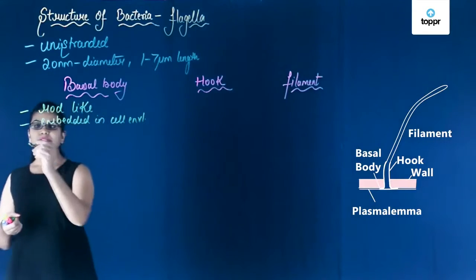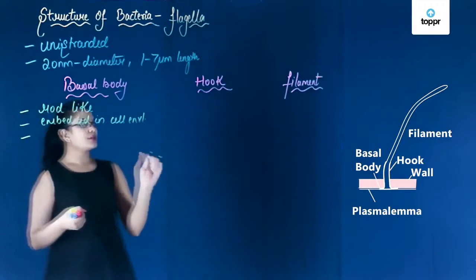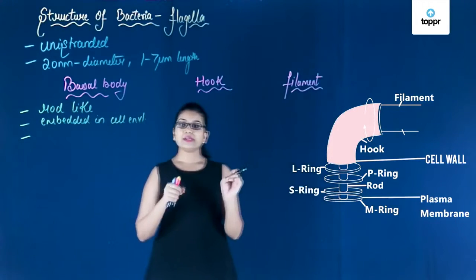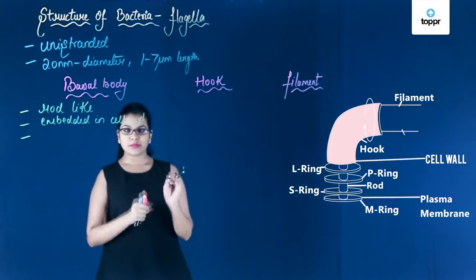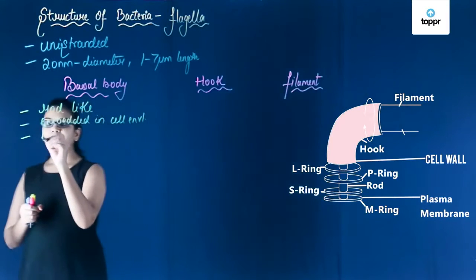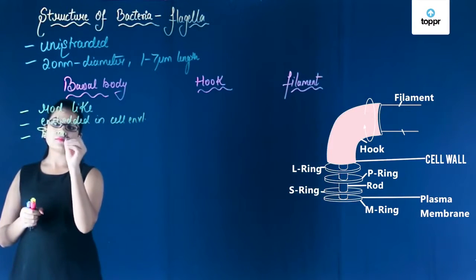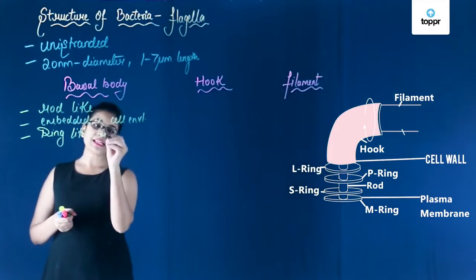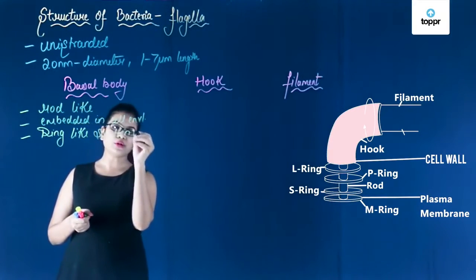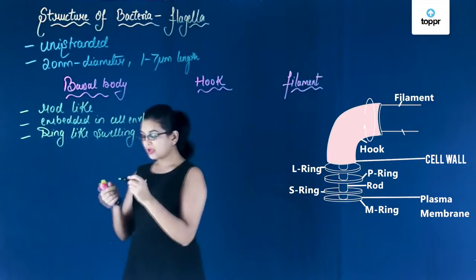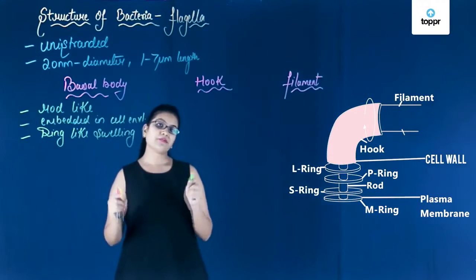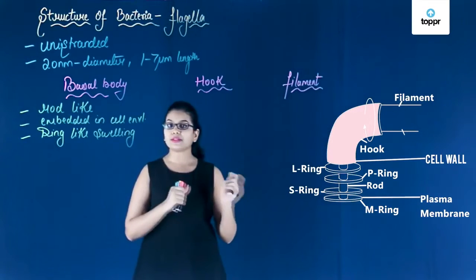Apart from this, the basal body has some ring-like swellings which are present in the cell wall and the plasma membrane. These ring-like swellings play a very important role in understanding the bacteria, because on the basis of the number of rings, we can identify if a bacteria is gram-positive or negative.